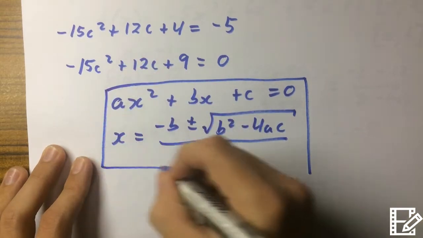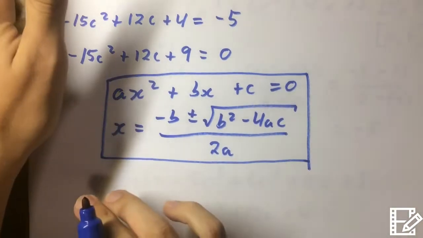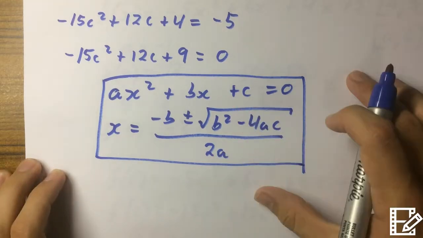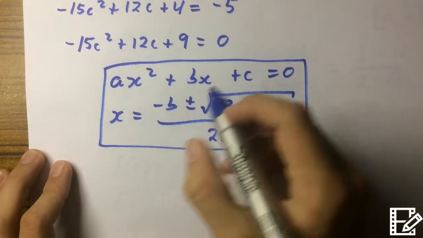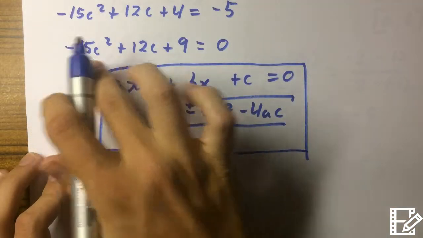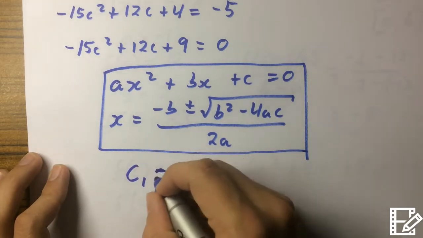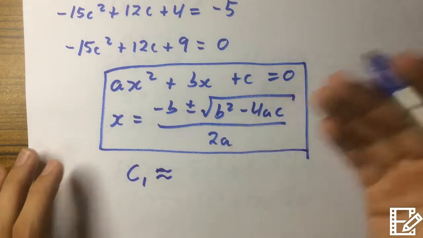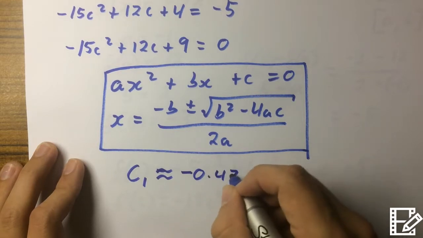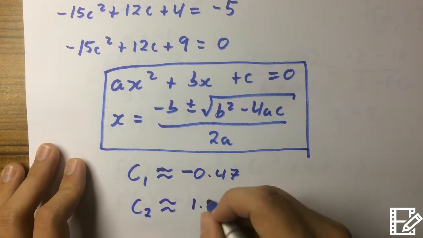I'm not going to do it for you, because you should know how to use the quadratic formula by now. I will do a video on the quadratic formula, but I'm just going to show you what you come out with. If you use the quadratic formula and sub these values in, you should get c1 approximately negative 0.47, because it's a decimal and I just rounded it, and c2 approximately 1.27.